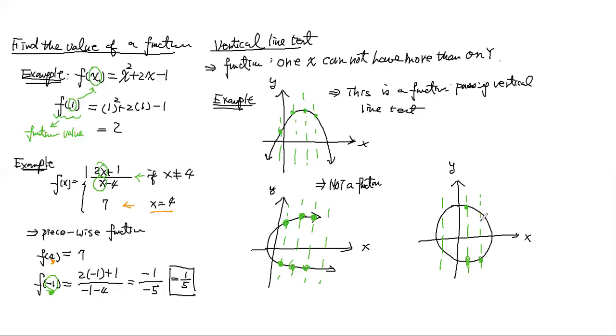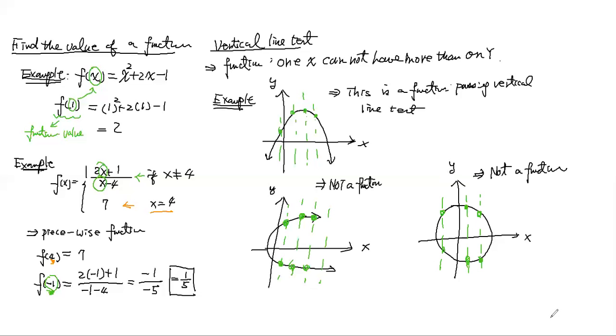Wow, you touch two y's here, right? So this is not a function. So this is what we mean by the vertical line test. From the graph, if it touches more than once, then this is not a function.